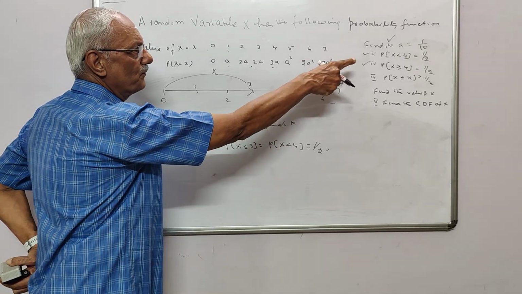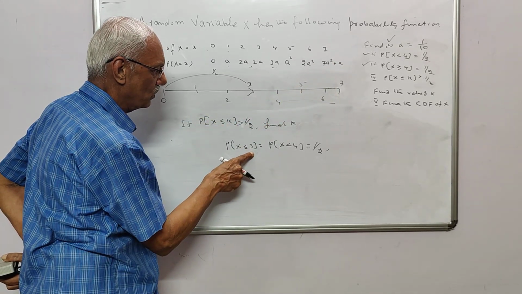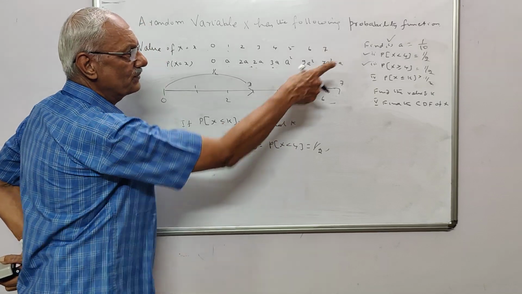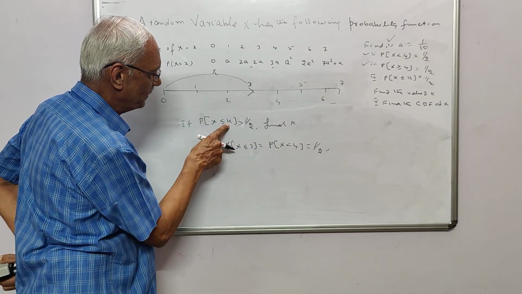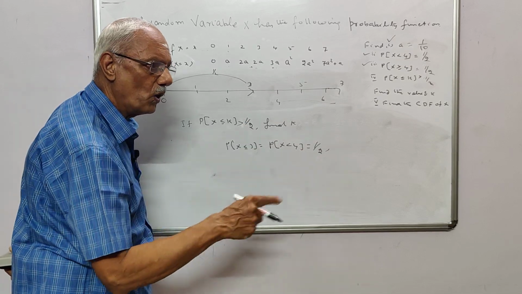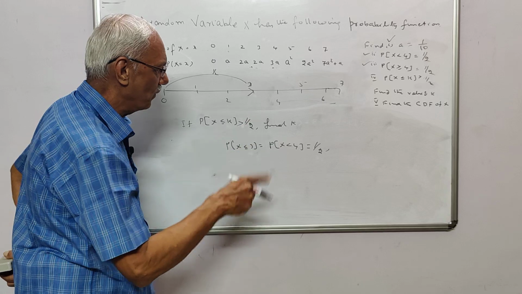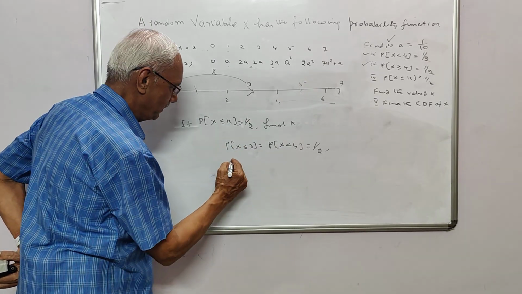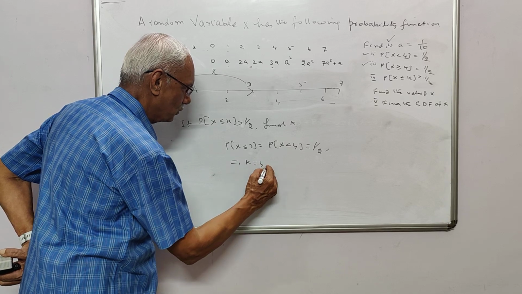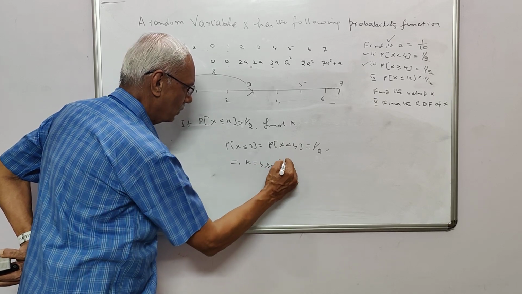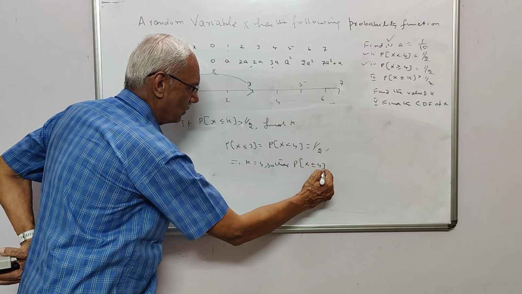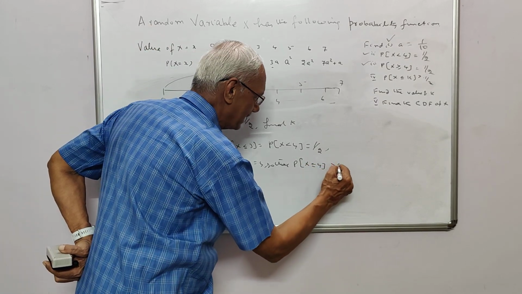We have already found P of x less than or equal to 3, which is as good as saying P of x less than 4, to be half. So if you take k is equal to 3, it is equal to half. But I want that value of k for which it is more than half. So this means that k must be equal to 4, so that P of x less than or equal to 4 is greater than half.